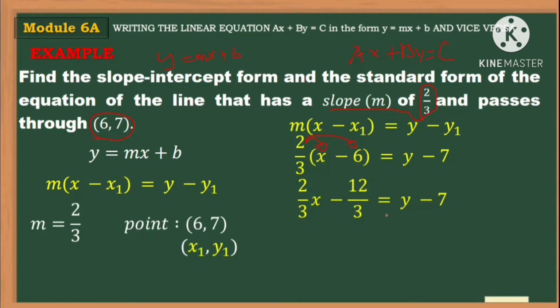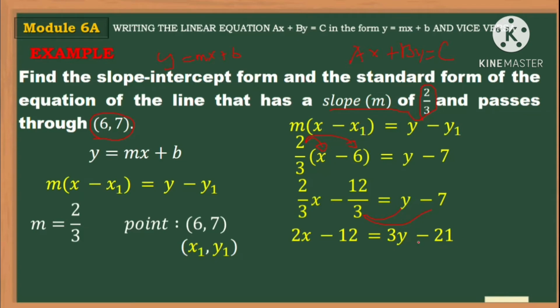We're going to multiply the whole equation by 3. Since this is 2 over 3x, what remains is 2x, then 12. So 3 times y, that is 3y. Then 3 times negative 7, that is negative 21.